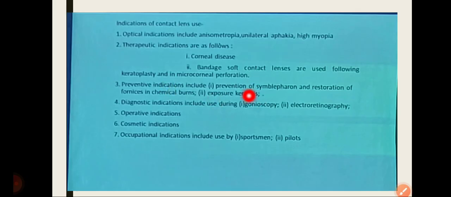Preventive indications include prevention of symblepharon and restoration of the fornices in chemical burns and exposure keratitis. Diagnostic indications include gonioscopy and electroretinography. There are also operative indications, cosmetic indications, and occupational indications, used by sportsmen and pilots.